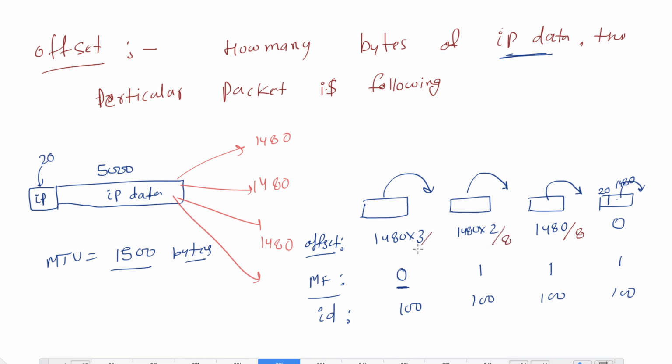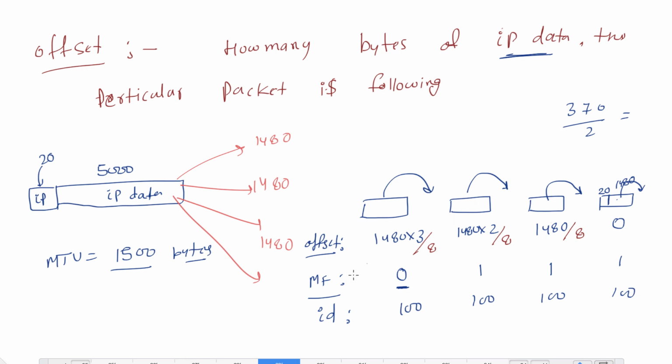So by 8 I need to divide. I hope you got it, right? So if you divide by 8, how much will you get? 480 by 8, let me quickly do it. Just divide by 4 first, which gives 120, then by 2 gives 60, which means it is divisible by 8. So there won't be any problem because these numbers are divisible by 8.